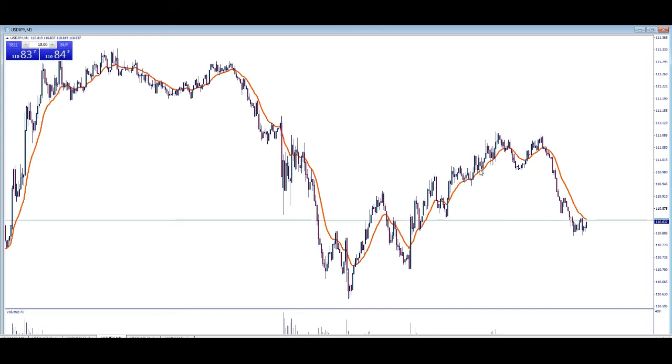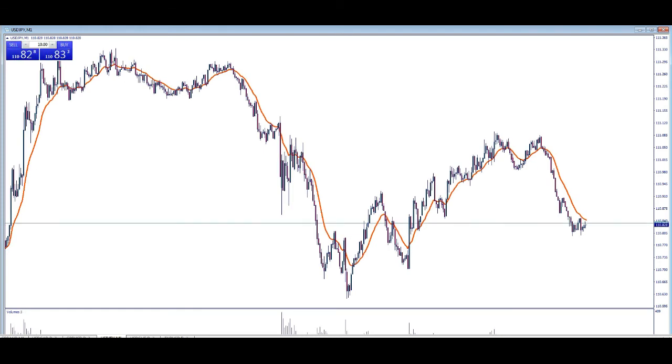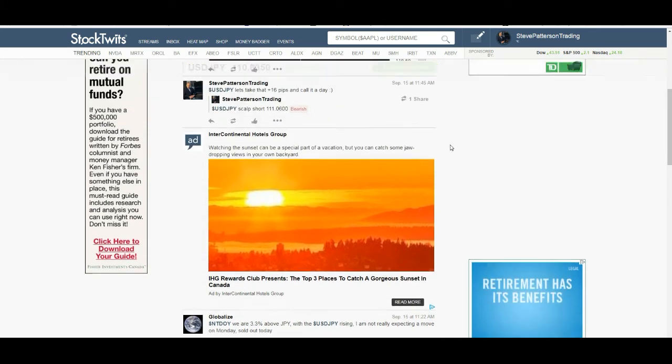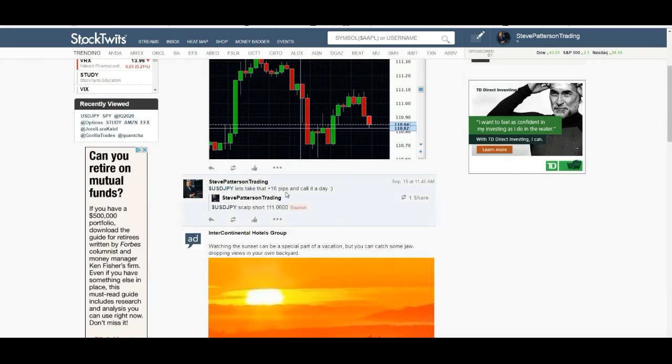When I saw this price behavior, which was telling me exhaustion, and we got up until I knew 111.10 was kind of the highest level it could go, I took the short somewhere in here, and it took a little bit of heat on the trade, and then finally it just broke down like I expected it to, and as you can see, I shouted it out in StockTwits.